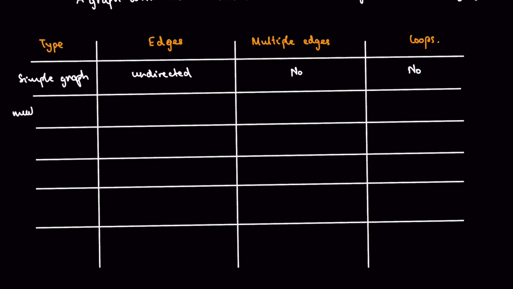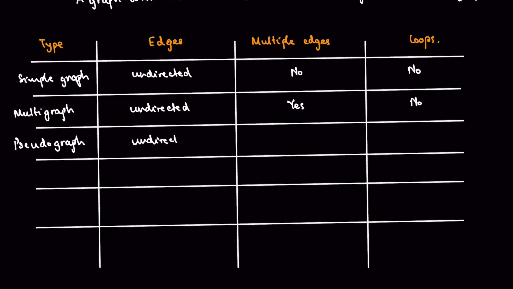Now for multigraph, this is also undirected. They allow multiple edges and there should be no loops. And for pseudographs, this is undirected. Multiple edges are allowed and loops are also allowed.